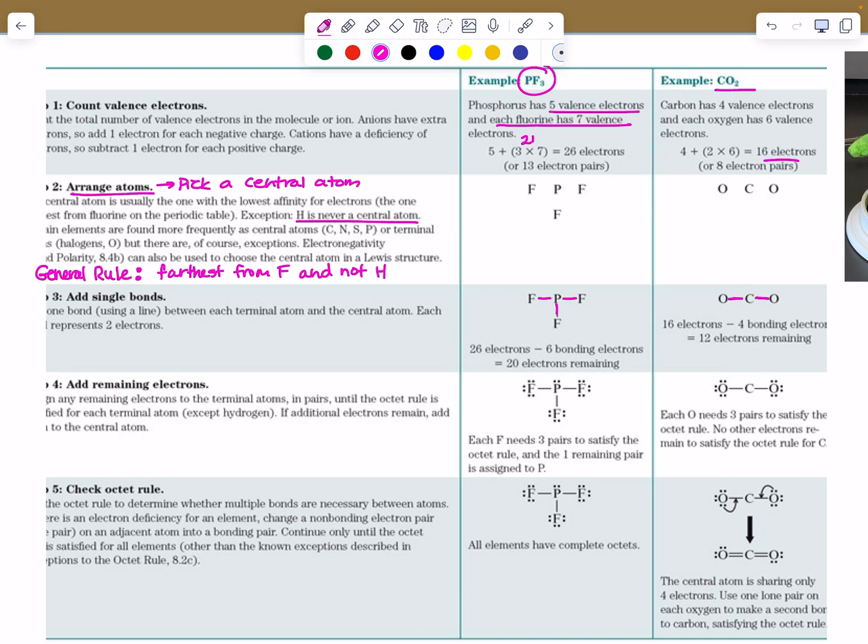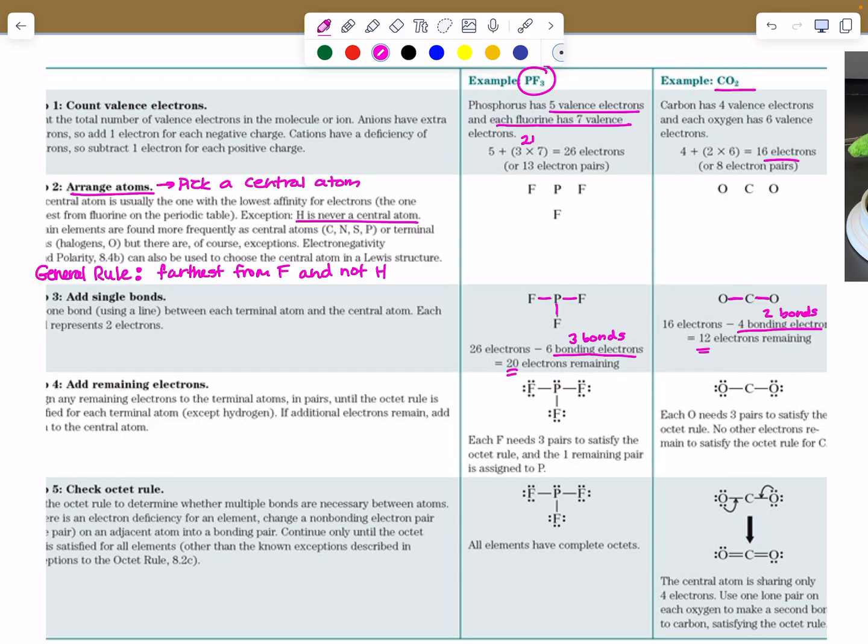In this case, we've got 3 bonds, so 3 bonds is equal to 6 bonding electrons. We subtract that from the total we had, 26, and so we have 20 electrons that we need to add. In the case of carbon dioxide, we've got 2 bonds, so that's 4 bonding electrons, and we have 12 electrons left to place.